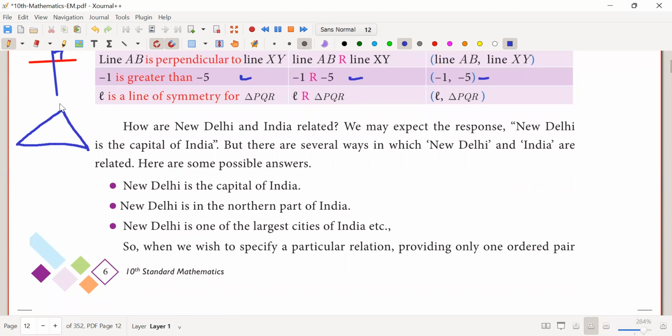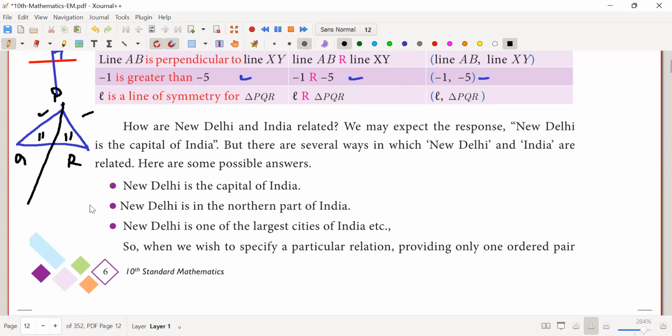If this is a triangle and I have a line of symmetry, it means it can be cut into two exactly equal halves. They tell us that L is a line of symmetry, so both of these are halves which can be separated into two. So L is related to triangle PQR.